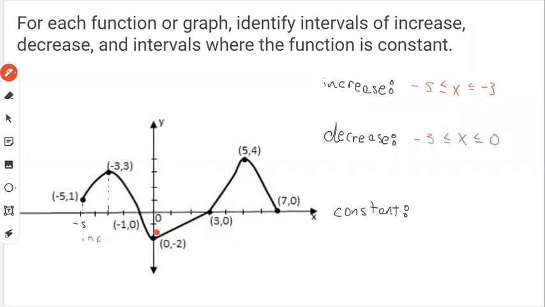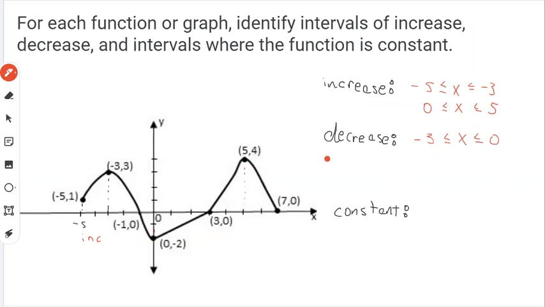It increases from 0 all the way to 5. That would be the top of that hill. So from here all the way to here, the function is increasing. So we say when x is between 0 and 5, the function is increasing. So 0 less than or equal to x less than or equal to 5.